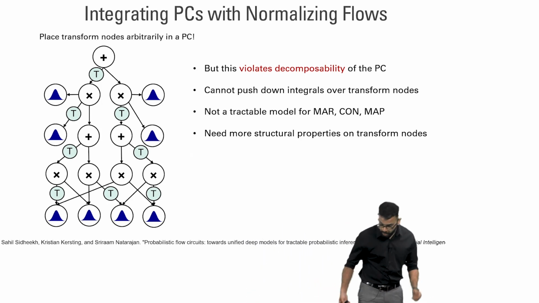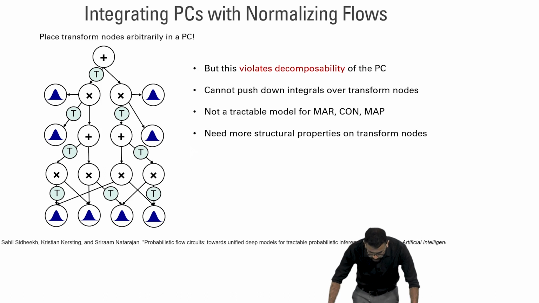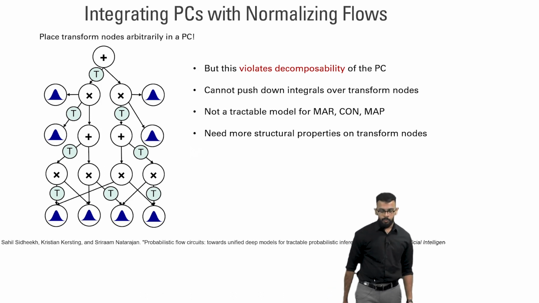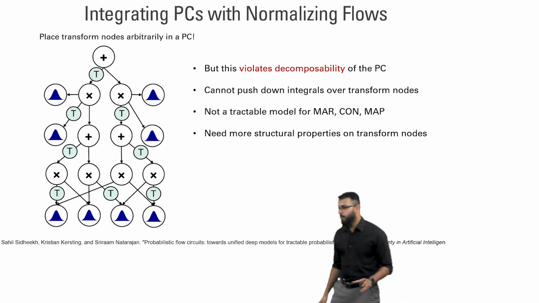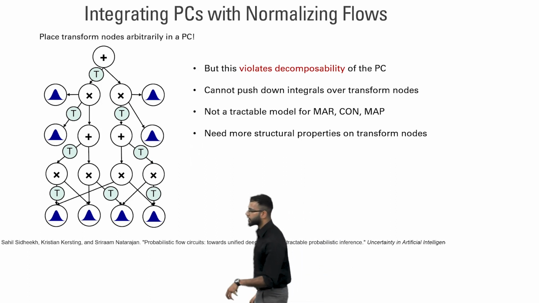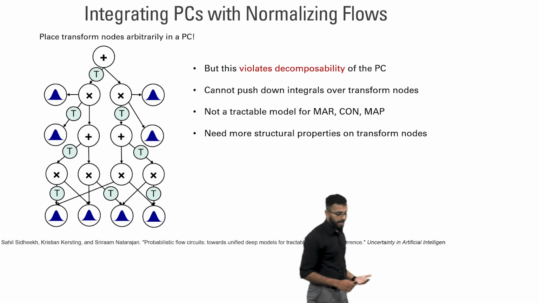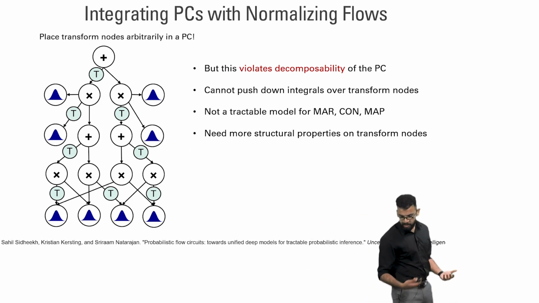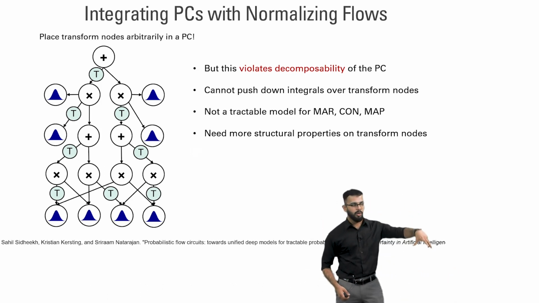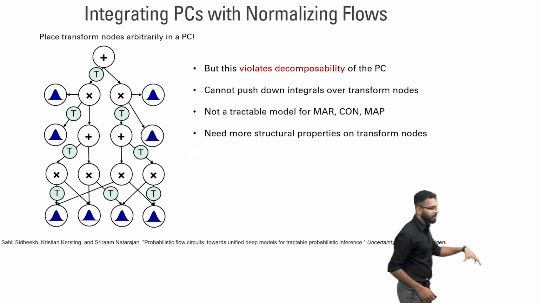So we had a paper in UAI 2023 where we proved that when you have such a construction, you can never construct a PC that is always decomposable, right? Such a construction will always violate the decomposability property of a PC, which means you cannot push down the integrals that are involved in your marginals and conditionals.